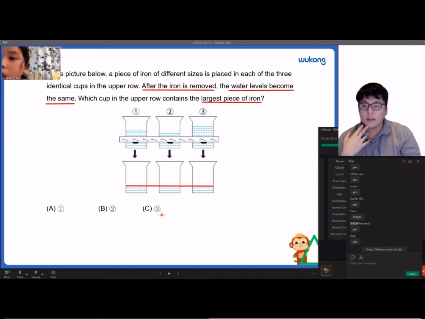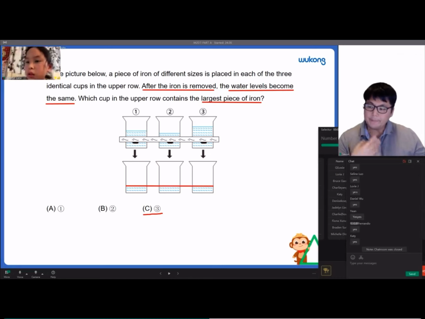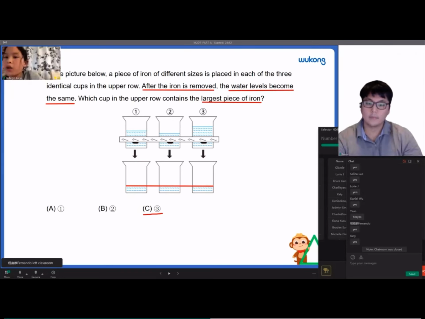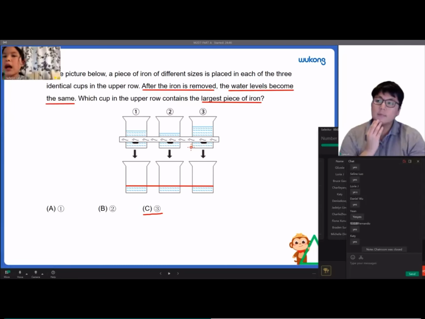I think it's C. Why do you think it's C, Jadelyn? Because if you put the metal in and you take it out, it makes the water smaller than the other ones.